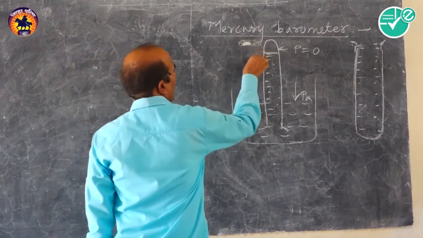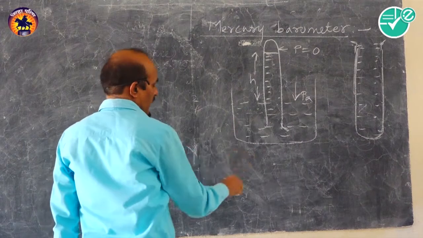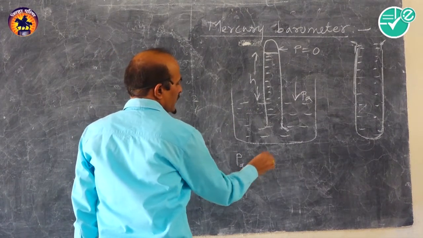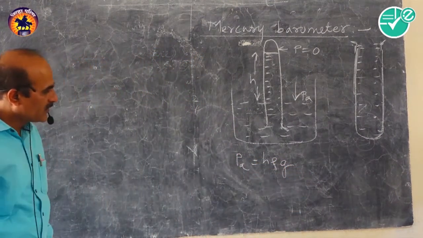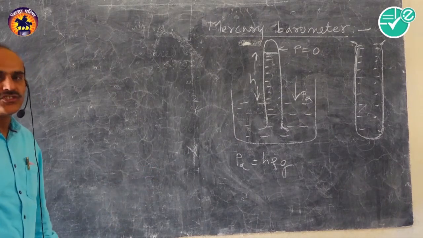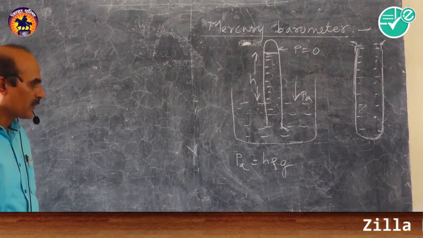If h is the height of the column, we can write the atmospheric pressure as PA equals h rho g. This is the equation for the atmospheric pressure.